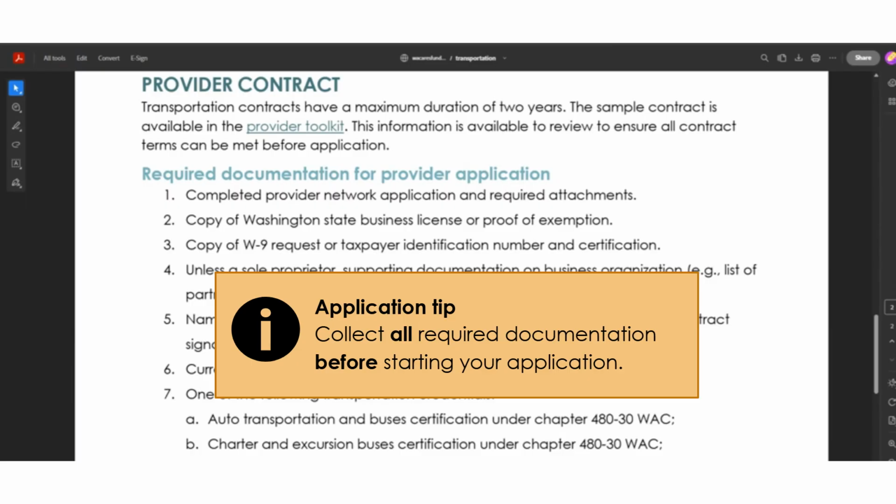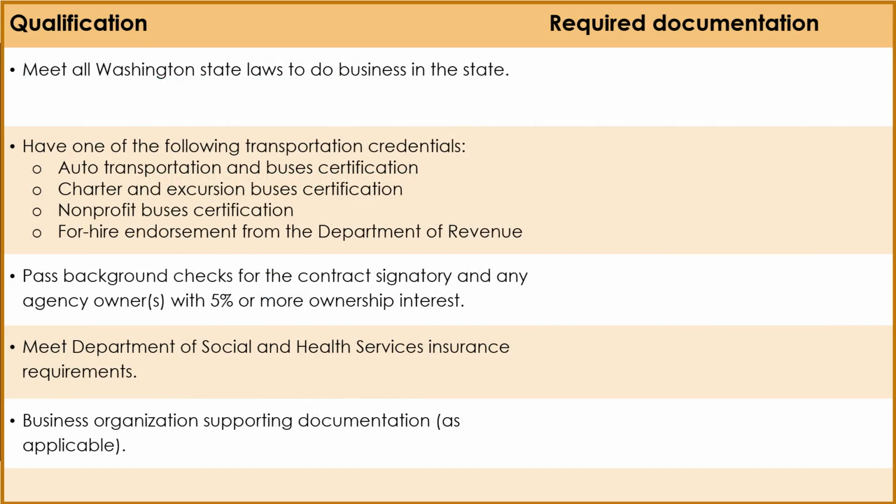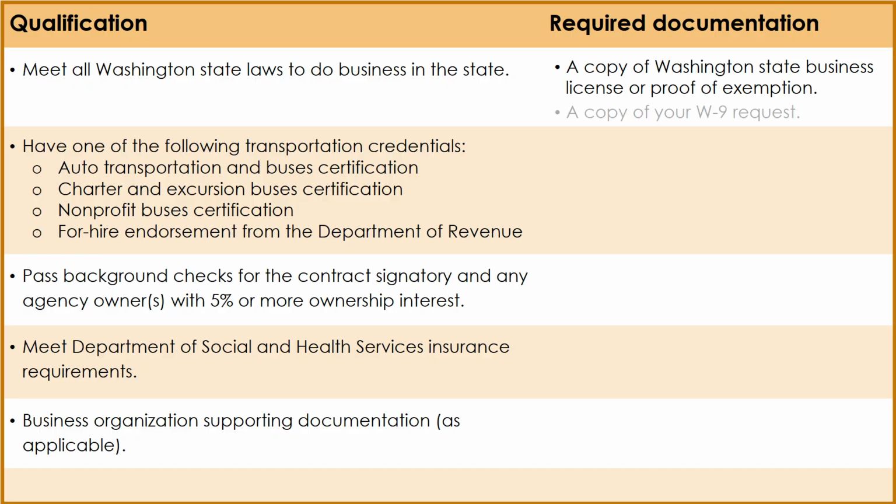You will need to upload the following documents with your application: a copy of your Washington State Business License or proof of exemption, a copy of your W-9 request, a copy of one of the following transportation certifications: Auto Transportation and Buses certification, Charter and Excursion Buses certification, Nonprofit Buses certification, or for-hire endorsement from the Department of Revenue.